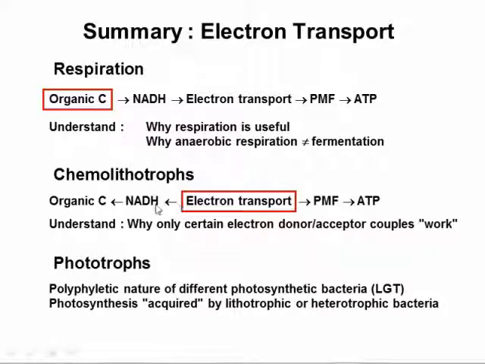It can also allow nitrogen oxidizers to produce NADH by reverse electron transport, and then you use that to fix carbon and generate organic carbon. And the big problem of this is to understand why only certain couples of electron donors and acceptors will work in energetic terms.